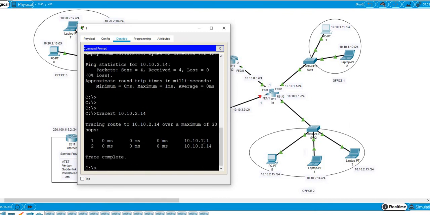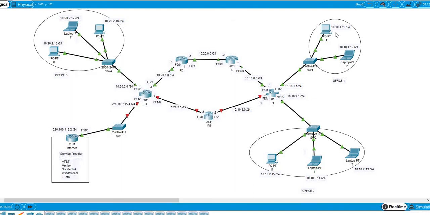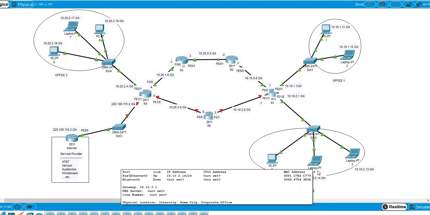Okay, as you can see, the first hop was at 10.10.1, and then the next hop was the final destination, laptop number 4, IP address 10.10.2.14. So the traffic has gone directly through router 1 and then down to laptop 4.